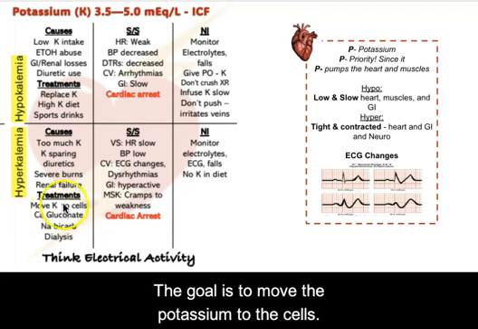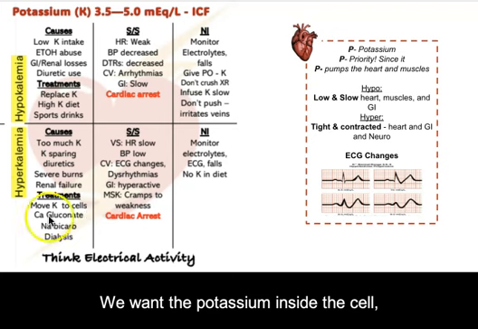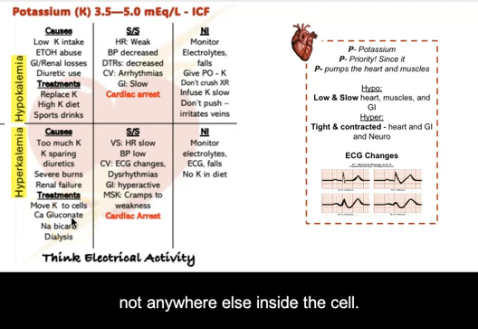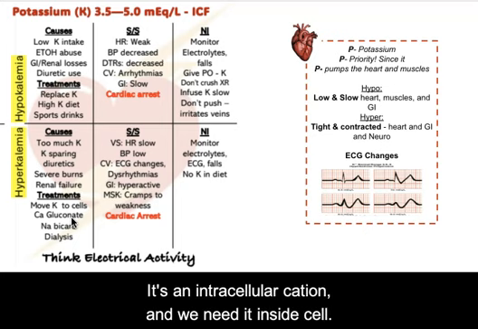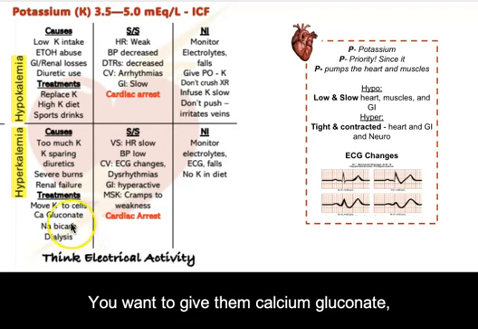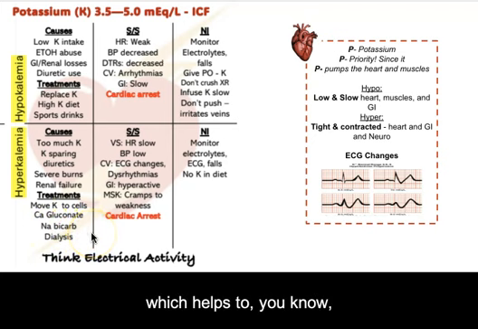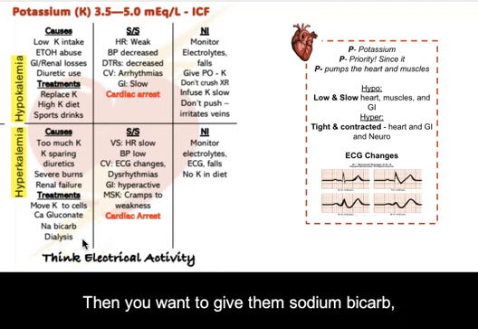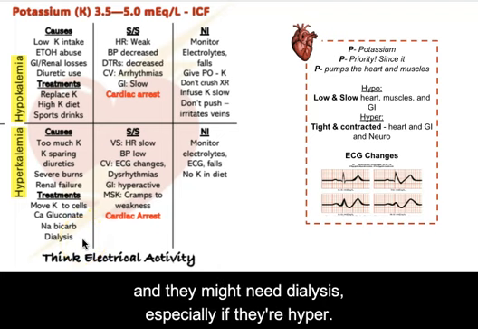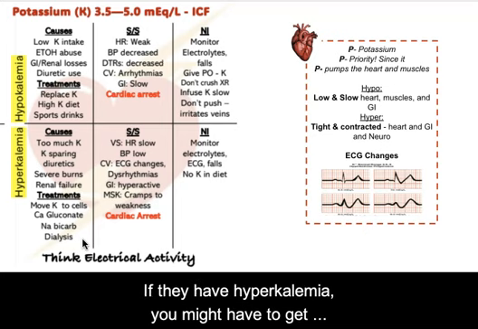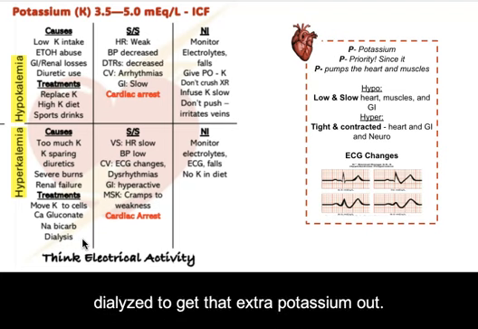The goal is to move the potassium to the cells. We want the potassium inside the cell, not anywhere else. It's an intracellular cation, and we need it inside the cell. You want to give them calcium gluconate. Then you want to give them sodium bicarb, and they might need dialysis. Especially if they have hyperkalemia, you might have to get dialyzed to get that extra potassium out.